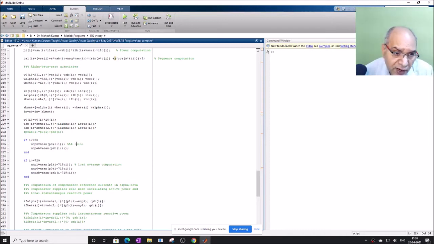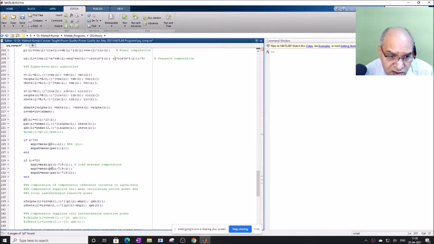This is computed by taking a mean function: MNP0 equals mean of P0 from 1 to I at first, because the buffer has to be filled until I becomes 720. After I becomes 720, we find that MNPL is equal to mean of PL from I minus 720 to I. Similarly, MNP0 is equal to mean of P0 from I minus 720 to I. This is PL, this is P0.